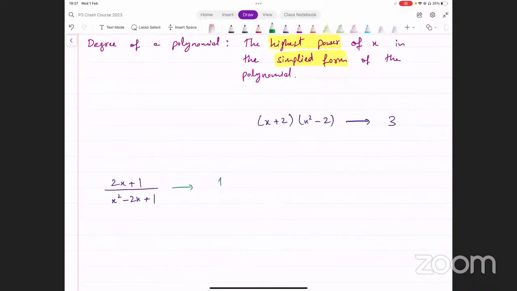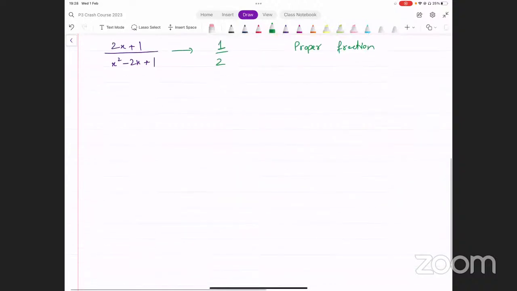It's 1. Degree of the denominator, it's 2. So the degree of the numerator is less than the degree of the denominator. This is a proper fraction.